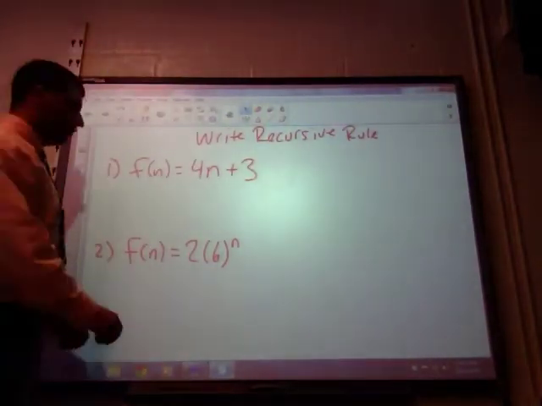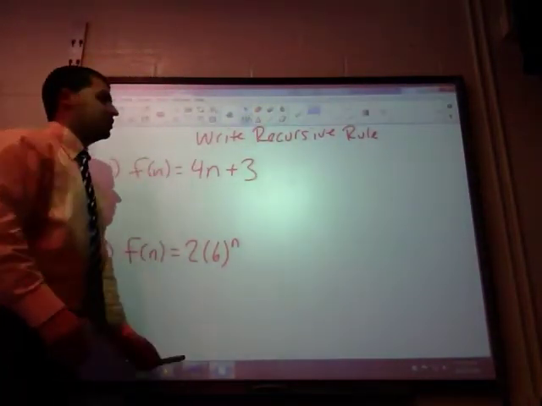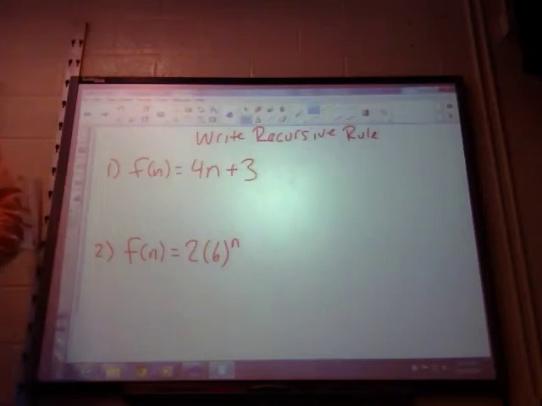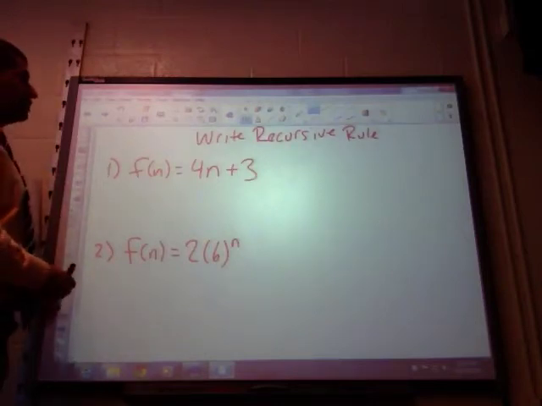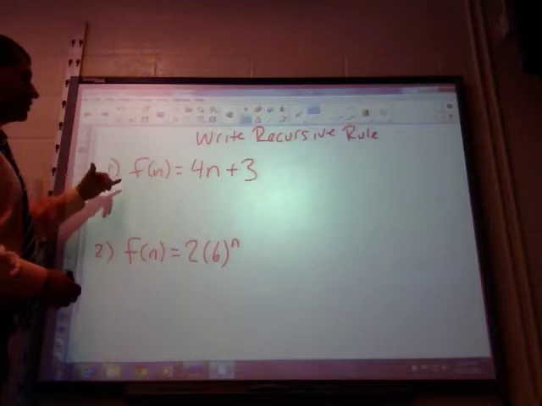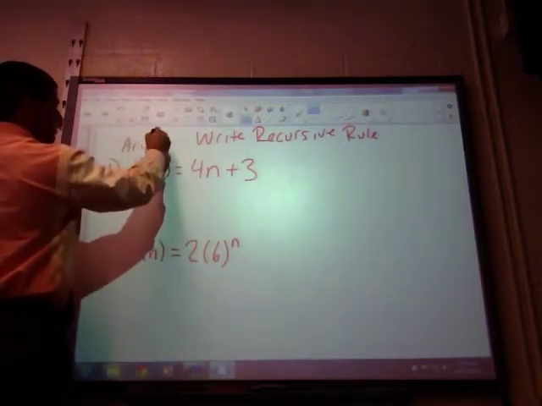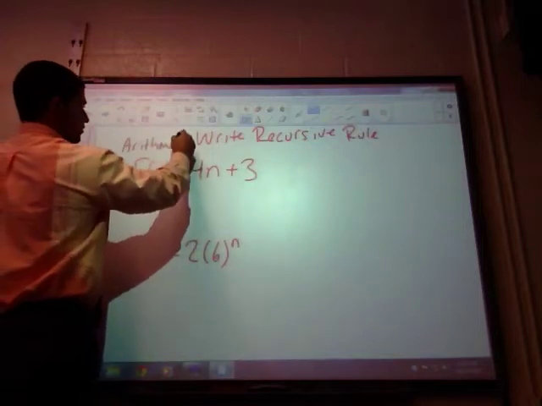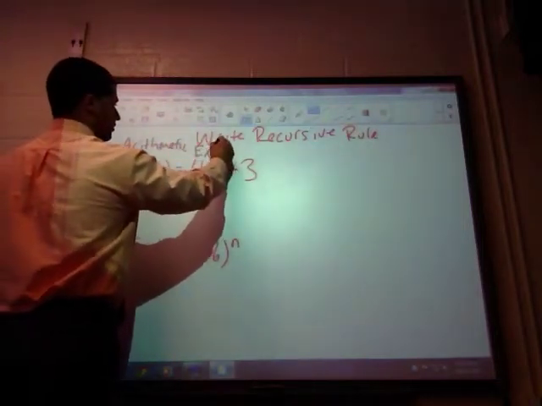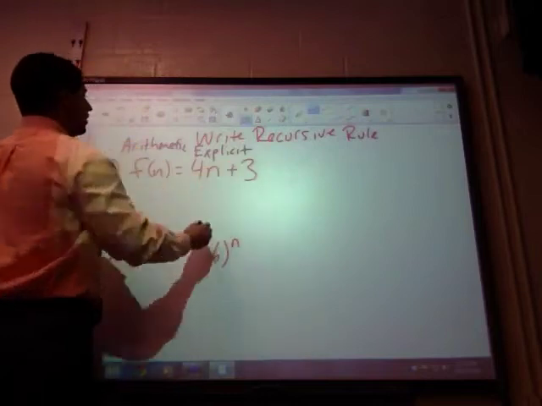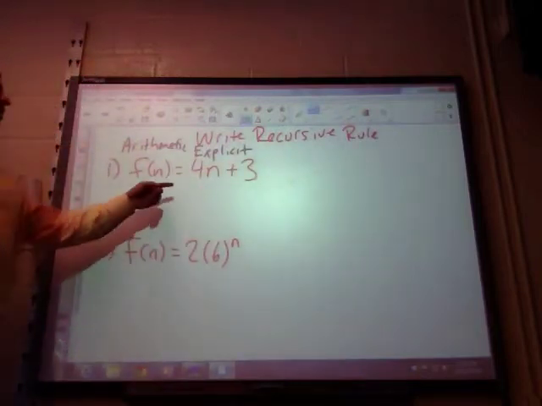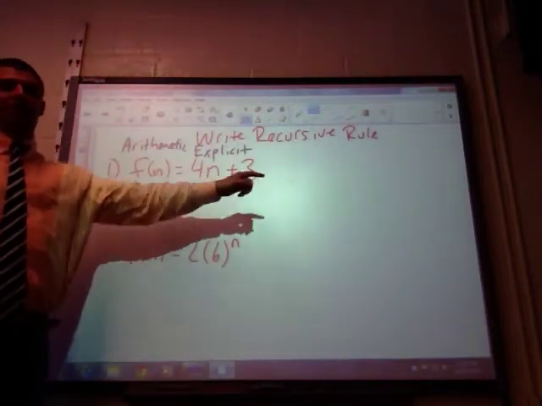Everyone, here's a quick review of how to write recursive rules and explicit rules, and kind of work off of each other's formula. So we're writing recursive rules. We're given an explicit formula. This is an arithmetic explicit. I know this because I have my common difference times n plus f of 0.